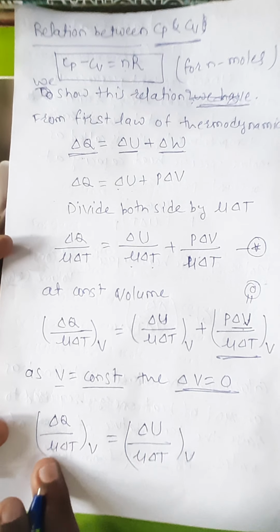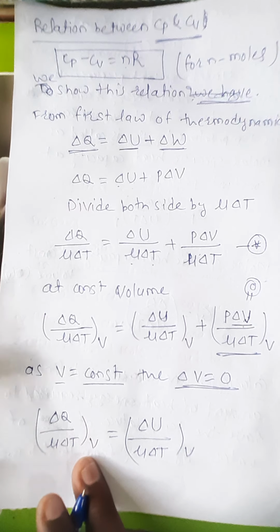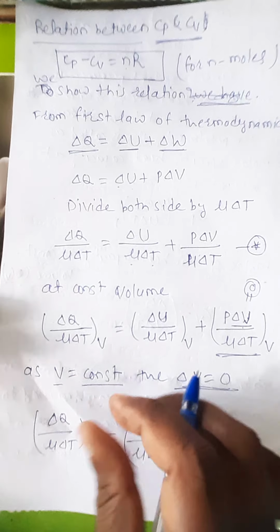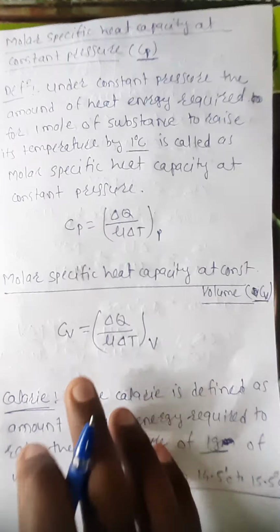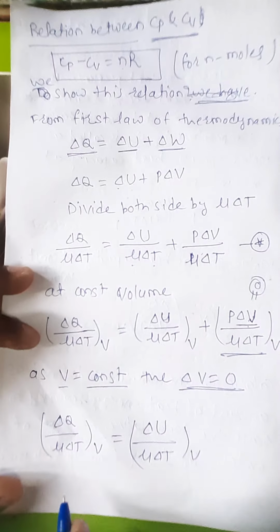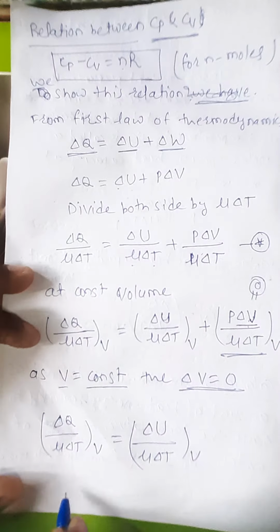Delta Q divided by mu into delta T at constant volume is Cv, therefore Cv is equal to delta U divided by mu into delta T at constant volume.